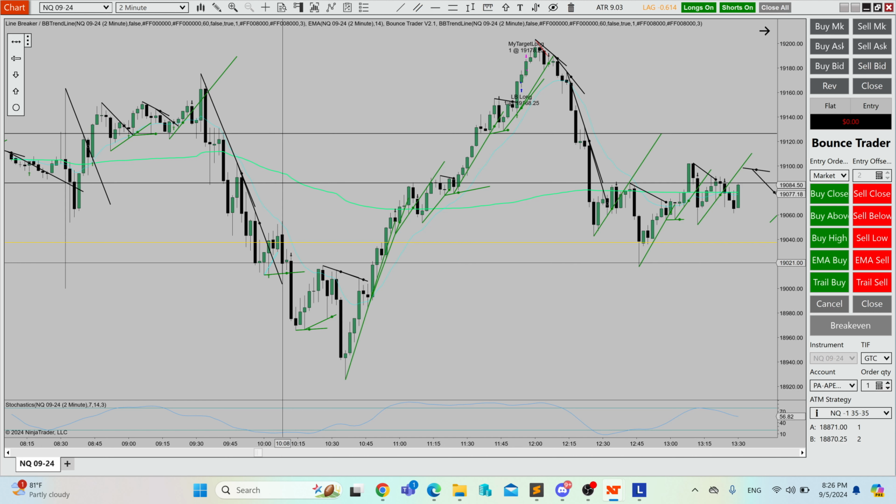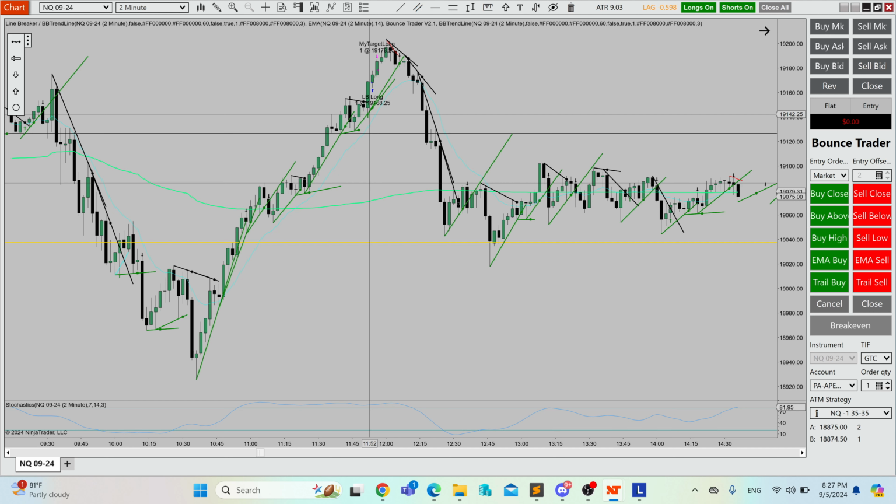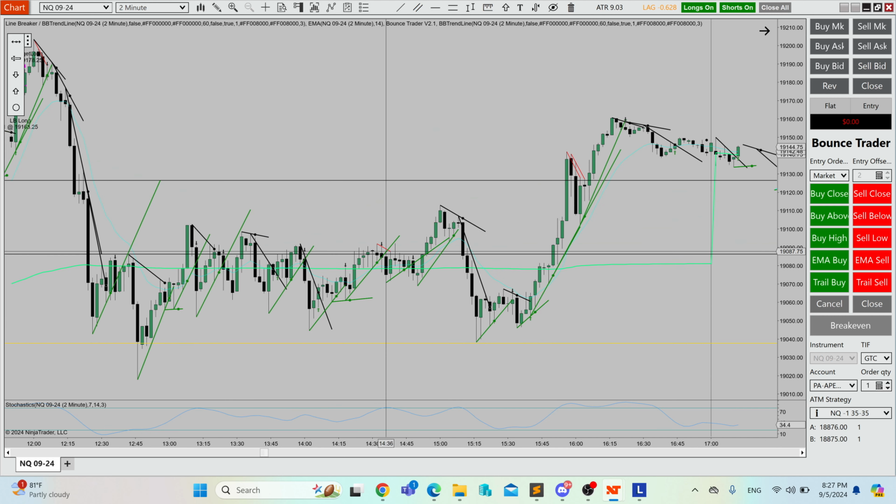Here we have a bull flag on the strategy itself. You see the strategy takes breaks from these green and black lines. There was this trade, but it was very short-lived.